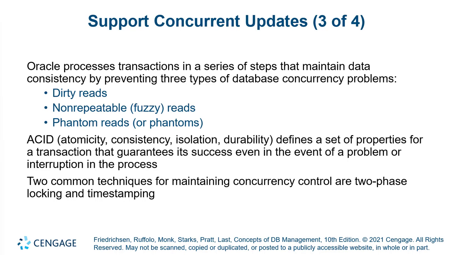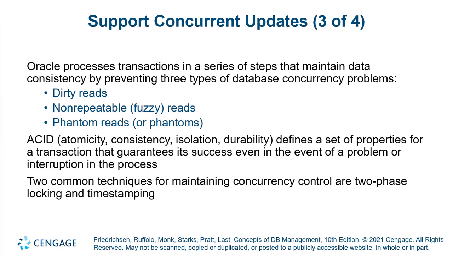And so a couple other common techniques to help with concurrency control are timestamping, which is a technique basically used to determine the order of processing records based on timestamps that are applied to records.